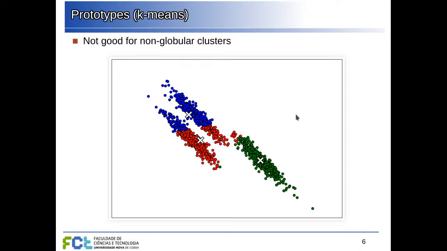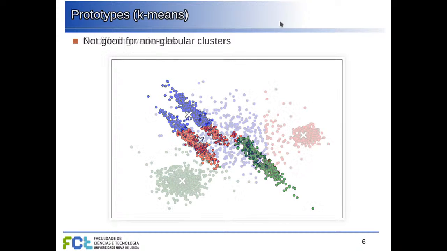The k-means algorithm is not good for clusters that are not globular. For example, here we have 3 clusters that have this spread out shape, and in this case it's a bit more problematic, because even if we use 3 centroids, we get these strange clusters here because of the distances between the points and the centroids.